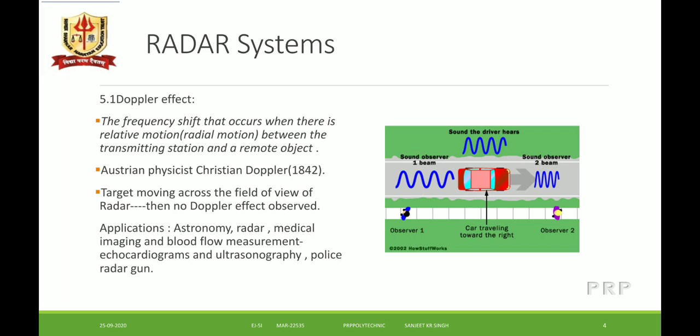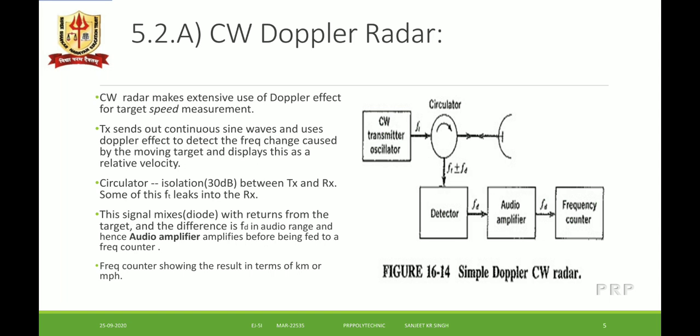Then in radar, and it is also used in medical imaging and blood flow measurement, for example the echocardiograms, and for ultrasonography in the medical field, and the police radar gun also makes use of the Doppler effect. So there are many applications of the Doppler effect in day-to-day life.